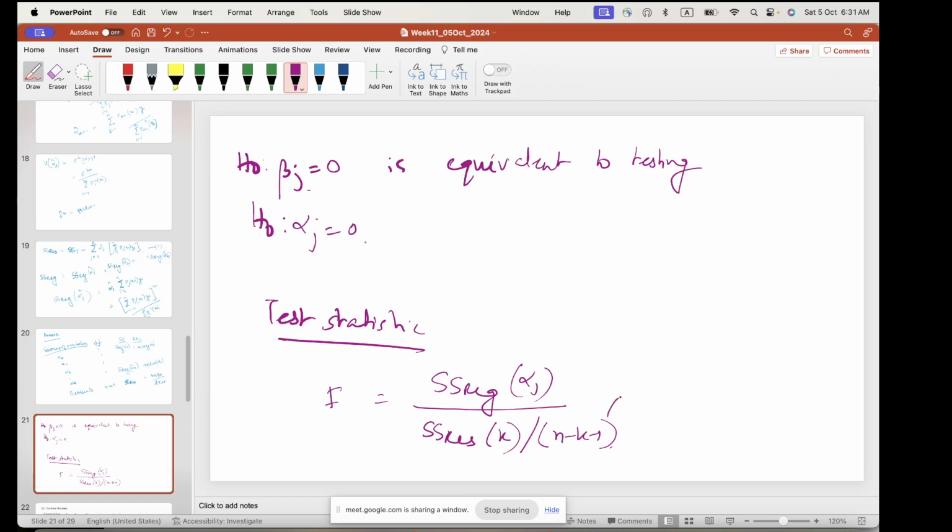This will follow an F with 1 and n minus k minus 1 degrees of freedom under H naught.